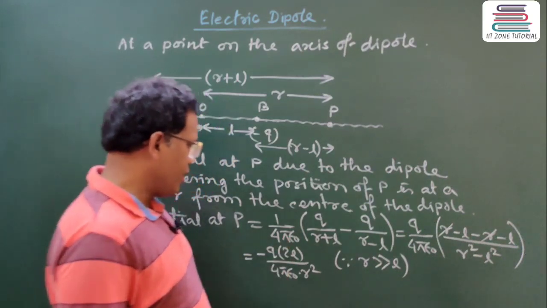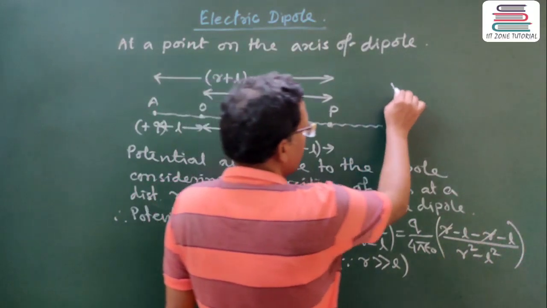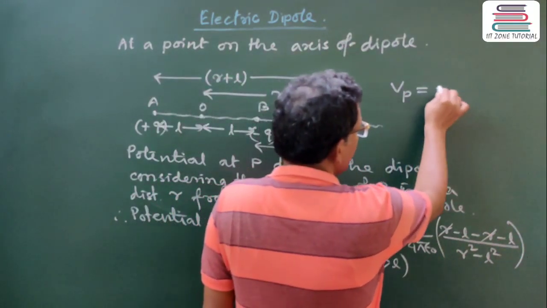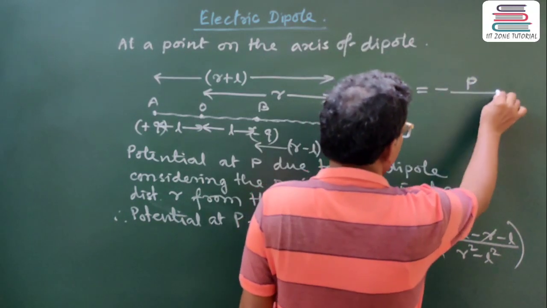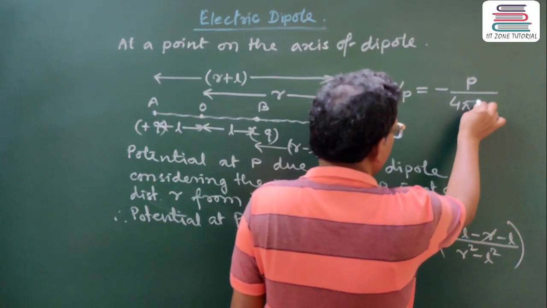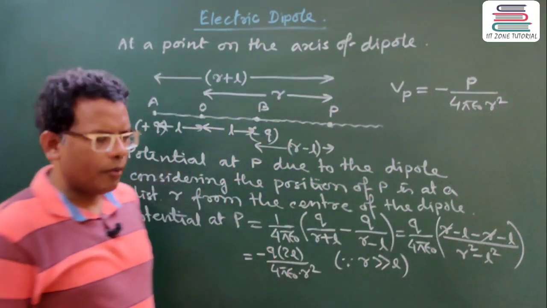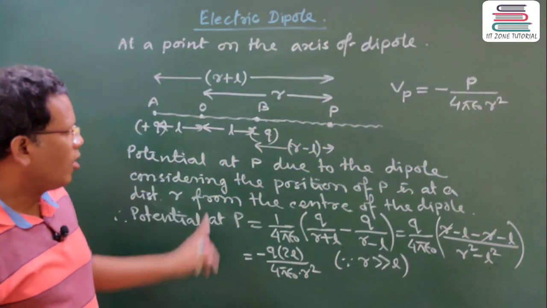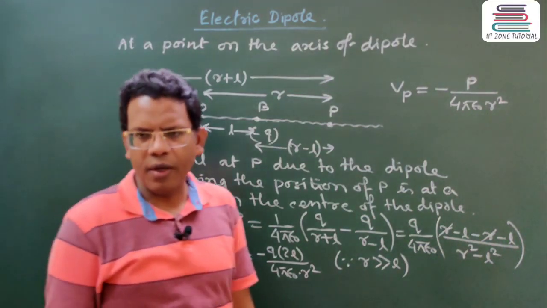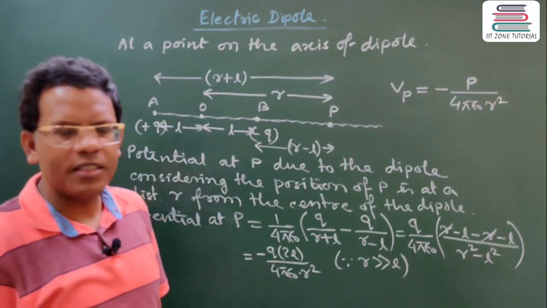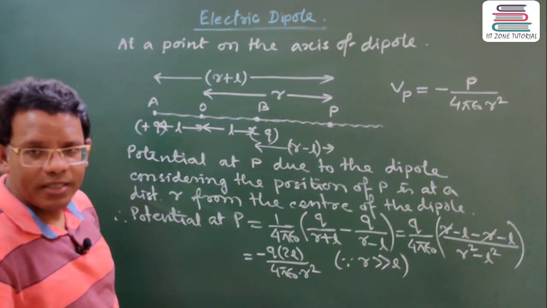Okay, so Q into 2L can be written as minus of, this is represented by the term capital P, divided by 4 pi epsilon naught R square, where P stands for the dipole moment of the dipole with magnitude of the charge Q, where one charge is plus Q and the other is minus Q, and they are separated by a distance 2L.